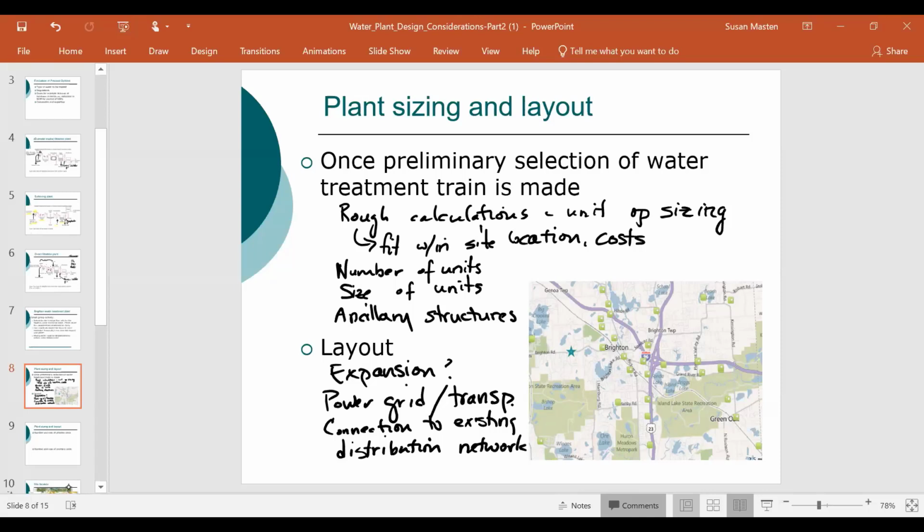And then the other thing is residual handling. So do we have the space and the facilities to manage the waste that we're producing? Typically, this is sludge from the production of, for instance, softening sludge.